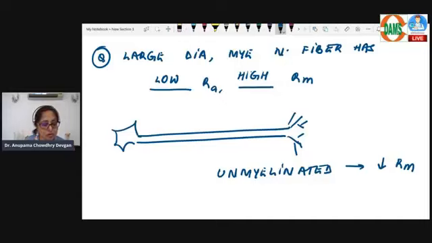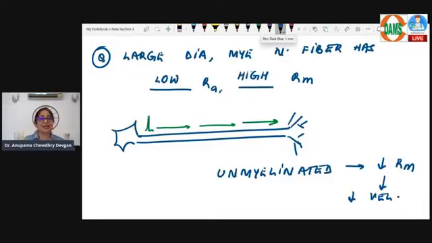And that is also not very difficult to understand, because the action potential which is generated here now has to travel along the entire length of the axon, which is going to take much more time. So an unmyelinated nerve fiber has a low RM, and in spite of that, a lower velocity of conduction, even though it sounds paradoxical. Have you understood?